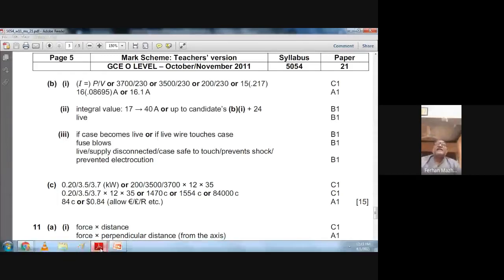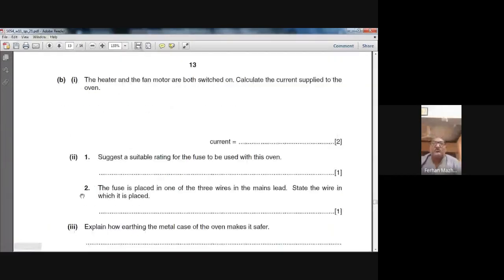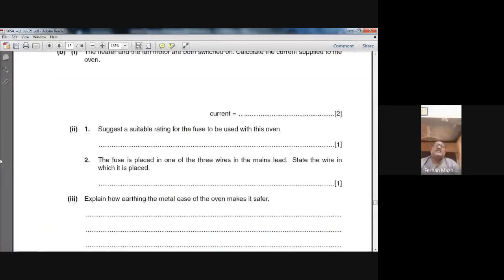It says suggest a suitable rating for the fuse to be used with this oven. Your oven is taking 16.1 ampere, so the rating of the fuse should be a little higher than 16.1 ampere. It could be 17, 18, 19 or 20 ampere, it could be 30 ampere, up to 40 ampere.